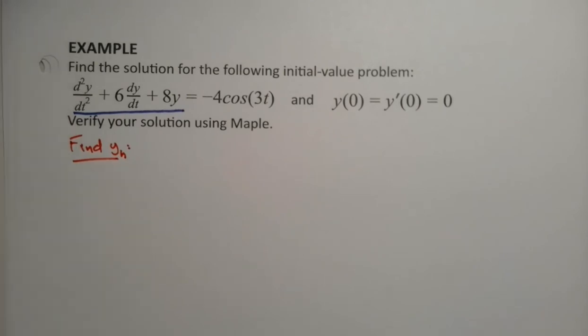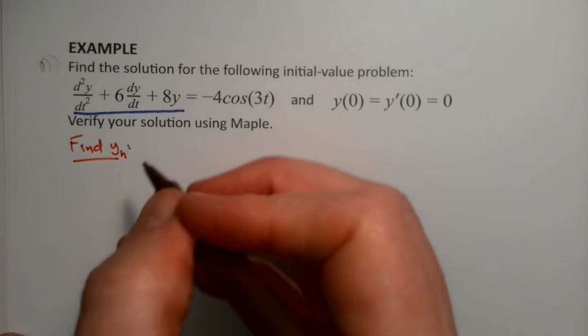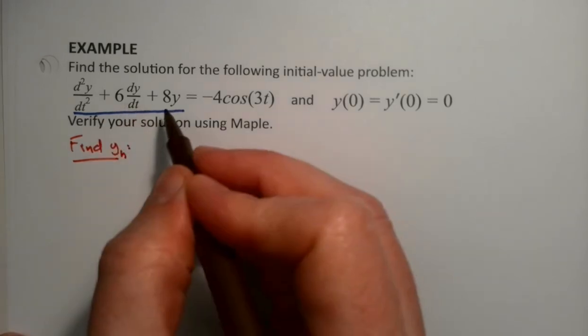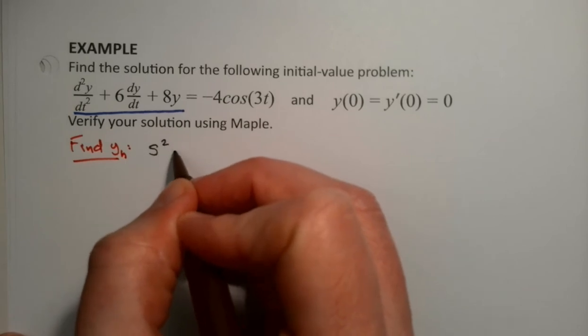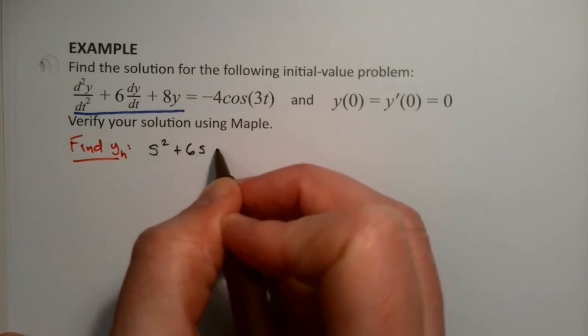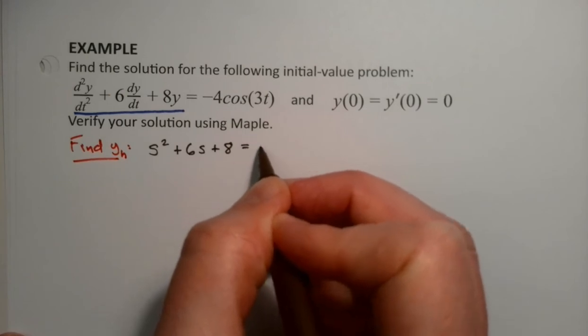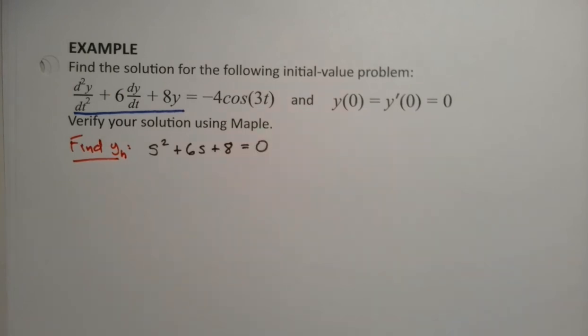So if that was the case, then our homogeneous differential equation would have a characteristic polynomial that looks like this: s squared plus 6s plus 8 equals 0. And this, thankfully for us, simplifies nicely.